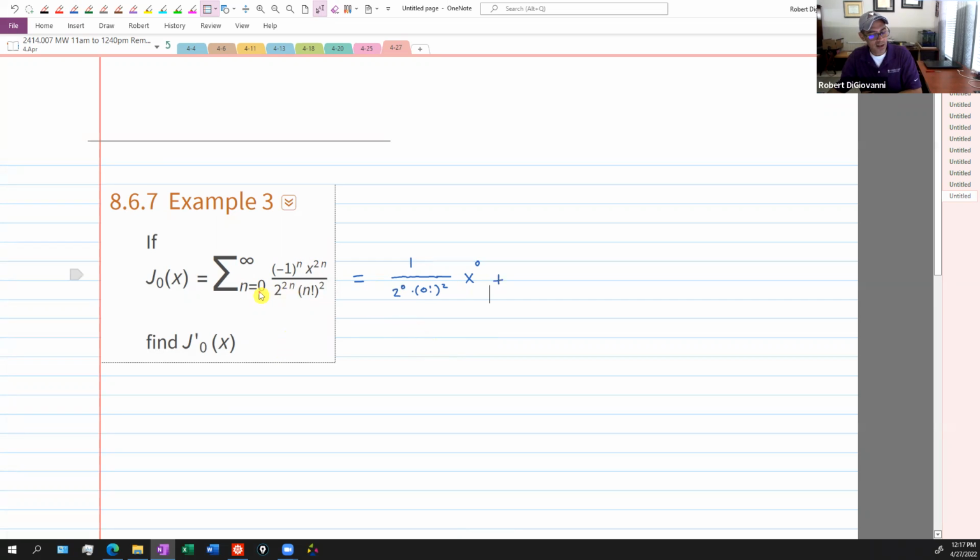Plus, now let's let n be 1. If n is 1, we're going to get a negative. So let's make it minus instead. If n is 1 there, I get x squared on top. And then on the bottom, if n is 1, there's my 2 squared, and then there's my 1 factorial squared.